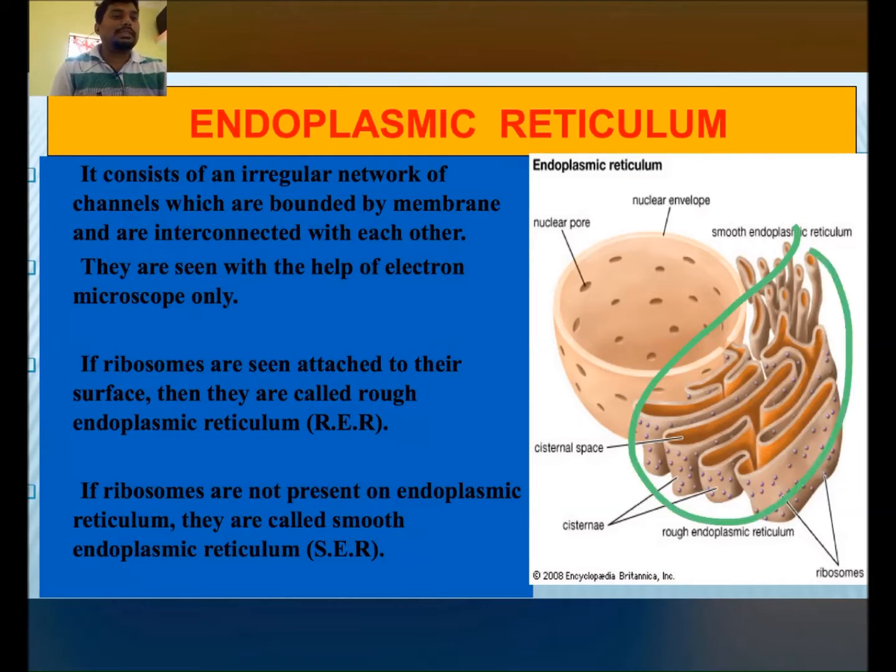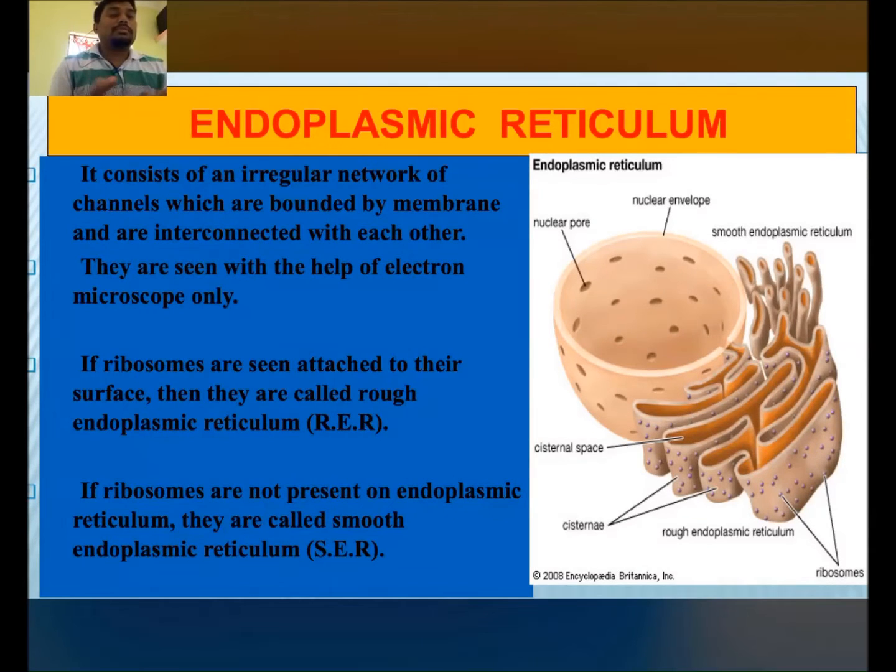You can see in this picture. So this is like a network and these are membrane bound and all these channels are interconnected with each other. They can only be seen with the help of microscope. And which microscope? Electron microscope only, because this is very microscopic structure.